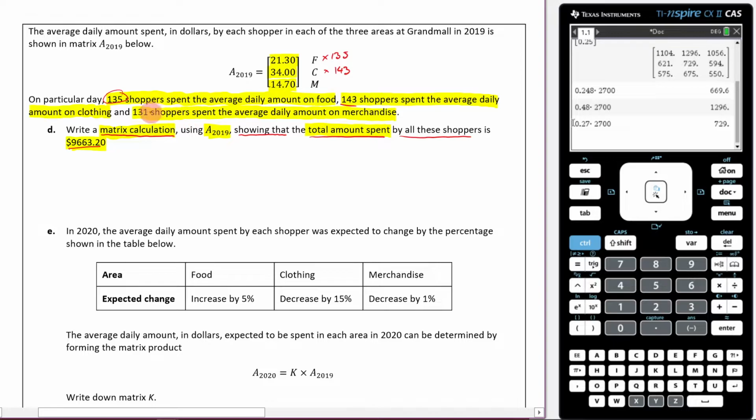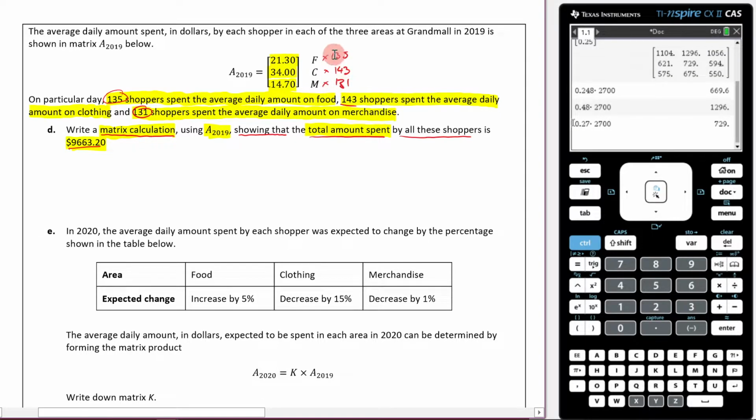If I know that 131 shoppers spent $14.70, then I'm simply multiplying this by 131. So hopefully that makes sense, because I know that this is the average daily amount spent in dollars by each shopper. And I know there were 135 shoppers in food, 143 shoppers in clothing, and 131 shoppers in merchandise. So that's what I'm doing.